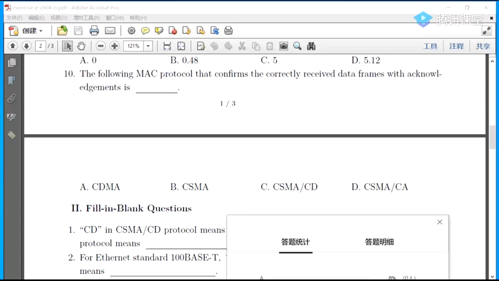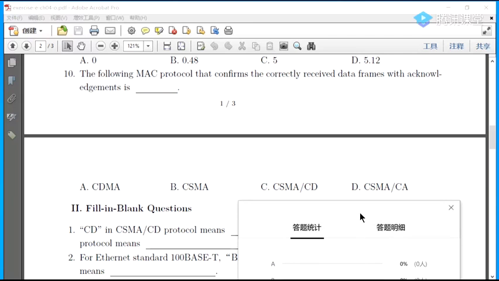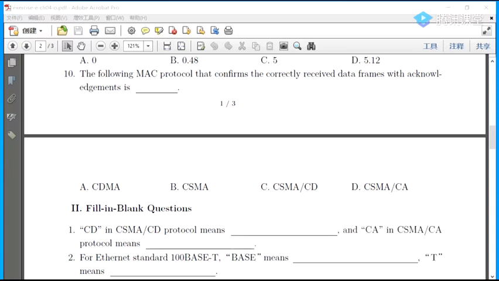Which one of the following protocols has the acknowledgement mechanism? The answer is D.